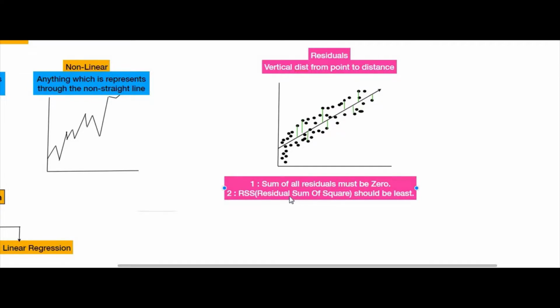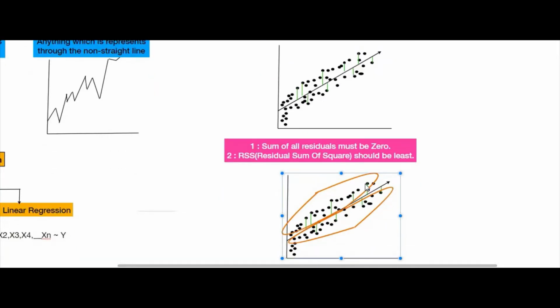So we have two assumptions we have to check every time. The sum of all residuals must be 0, and the residual sum of squares should be the least. Okay, in the first one you can see these are our positive residuals and these are our negative residuals.